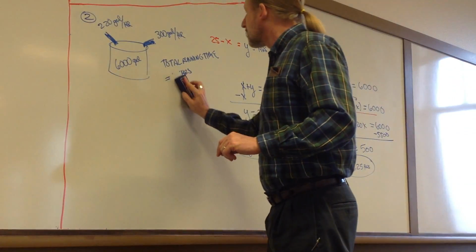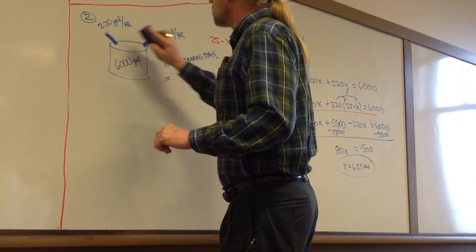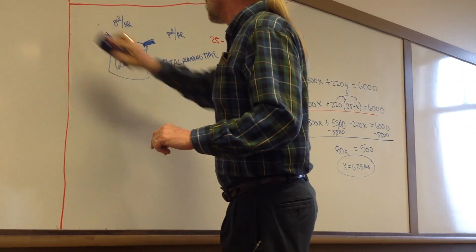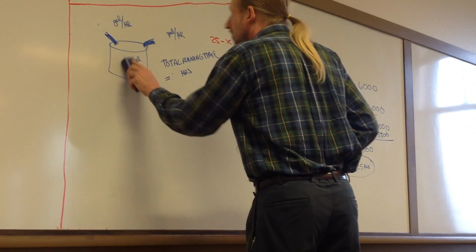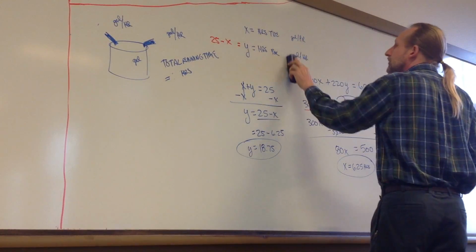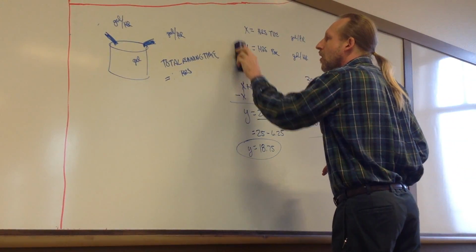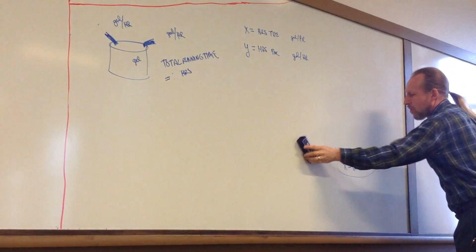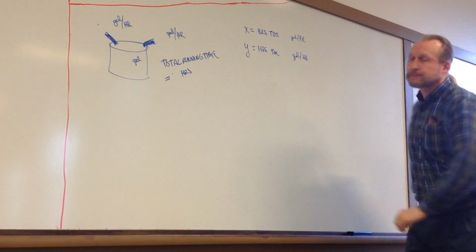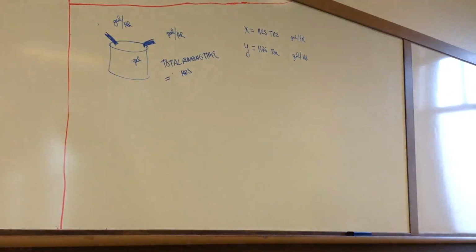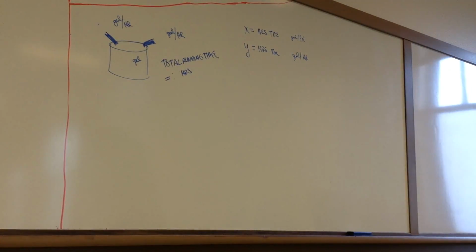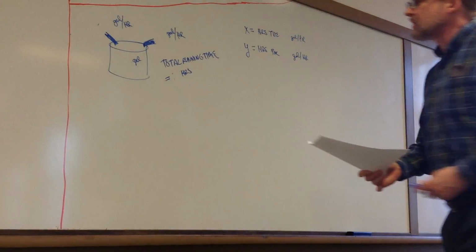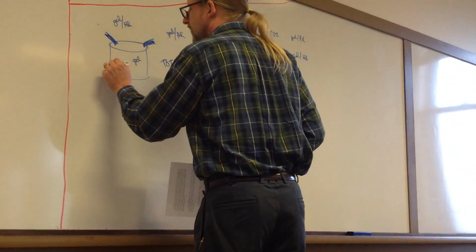Let's see here. Let's erase some of this to get us set up for problem 4. Those are going to change. Okay, so problem 4, we have a tank that is 5,850 gallons.